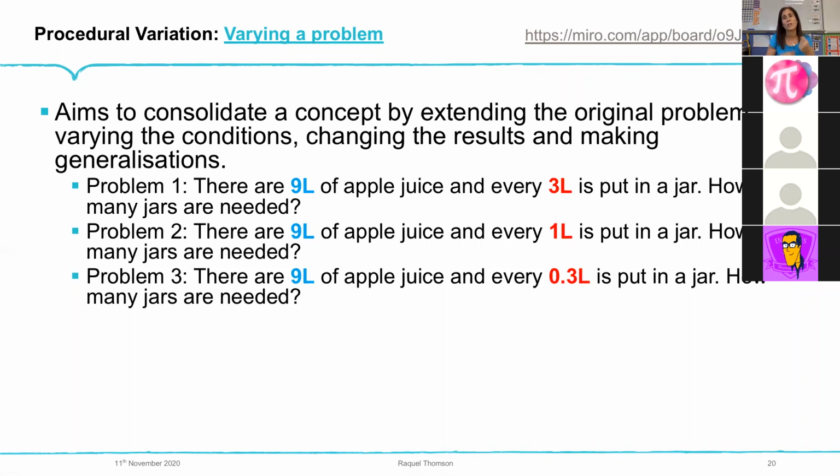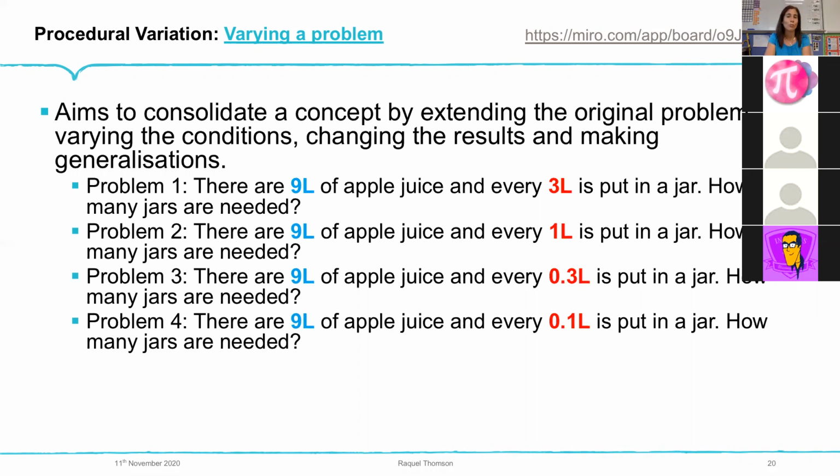So the conversation that comes from this example will really help the children to consolidate the concept that you're trying to achieve, and actually the strategy that you want them to use when solving problems such as this one. And then you move on to 0.1, and it obviously is sort of the same.